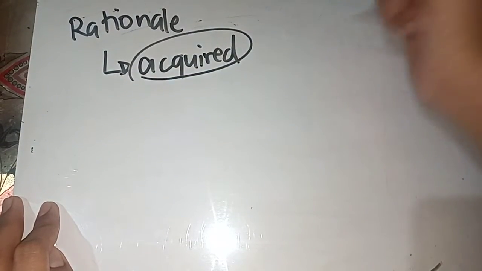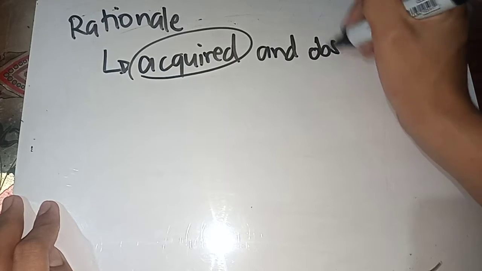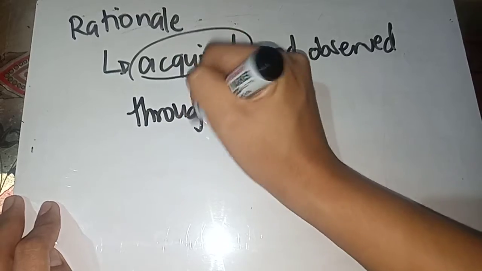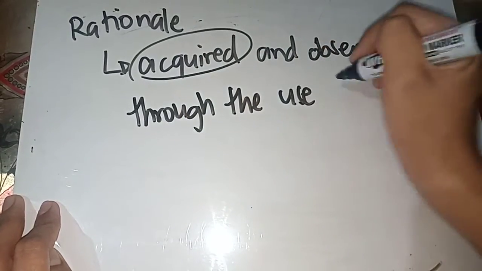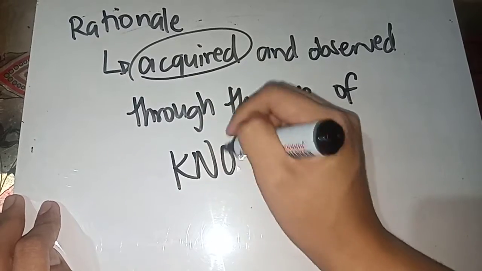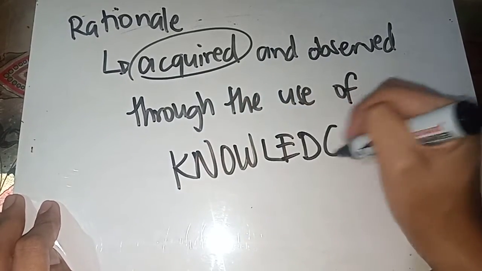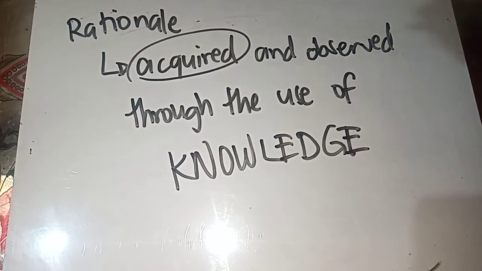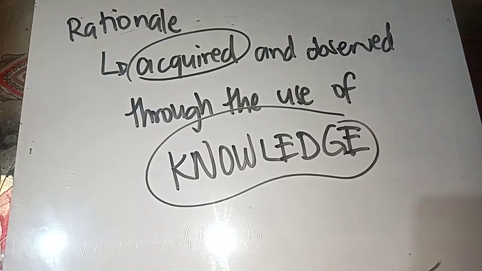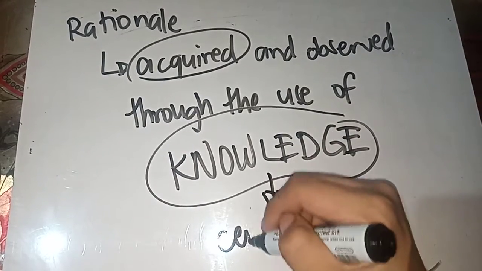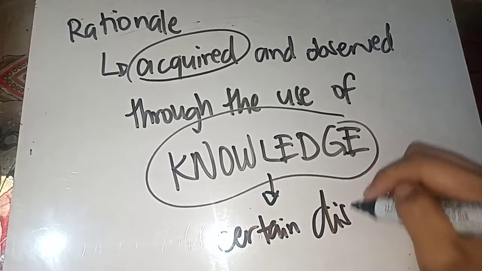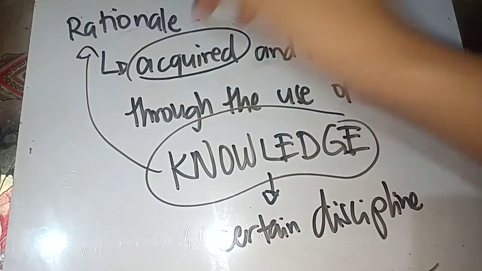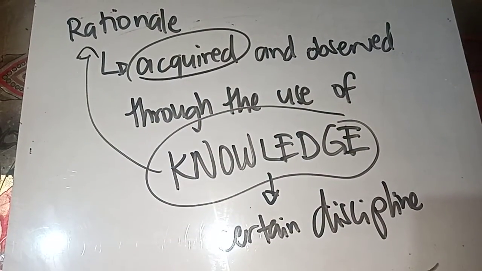It is acquired and observed through the use of knowledge. So meaning to say, without the knowledge over a certain discipline, we cannot identify rationales. We cannot identify problems.